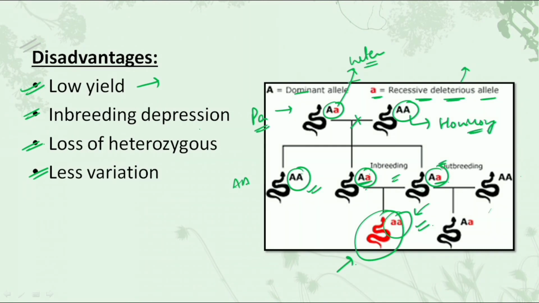As and when the inbreeding process is carried on for many generations, there occurs inbreeding depression, and as a result of it the deleterious alleles tend to come together and it leads to low yield, or the number of individuals being produced gets lowered. So this was about the disadvantages of the same.